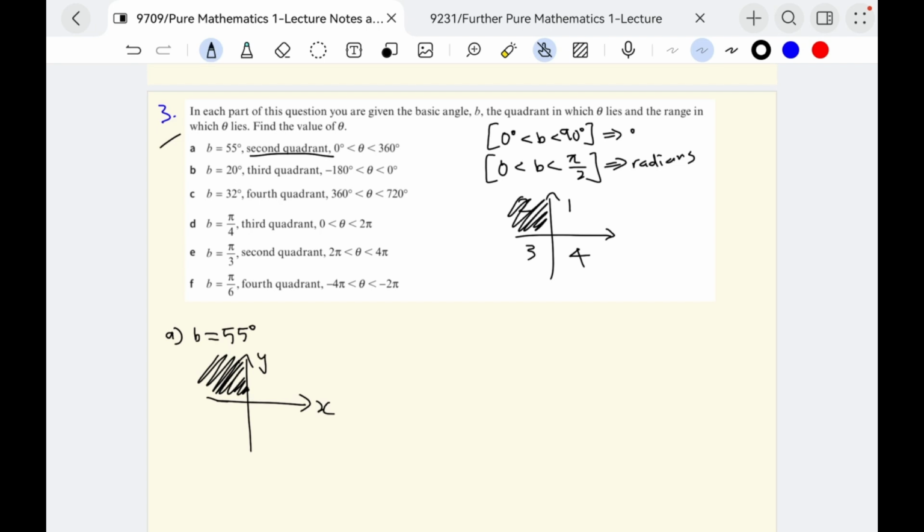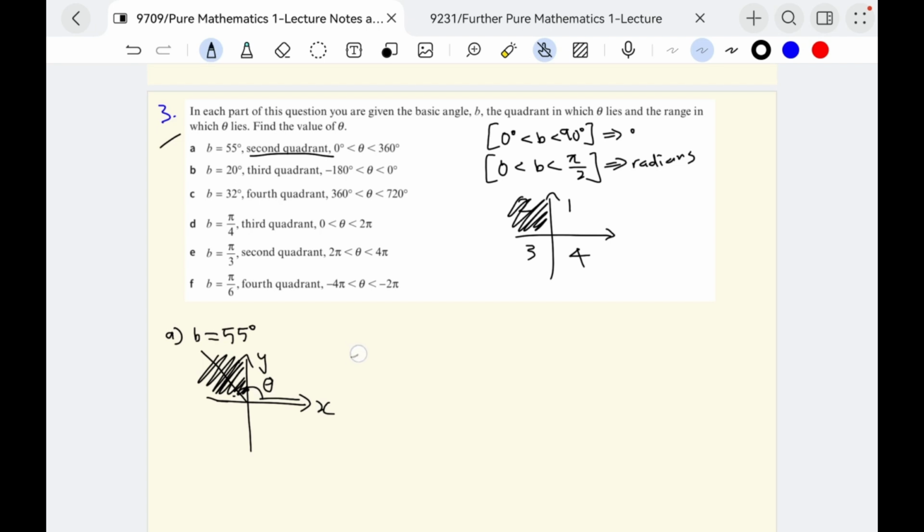So this theta is the angle subtended from the positive x-axis to a half line which stops somewhere.